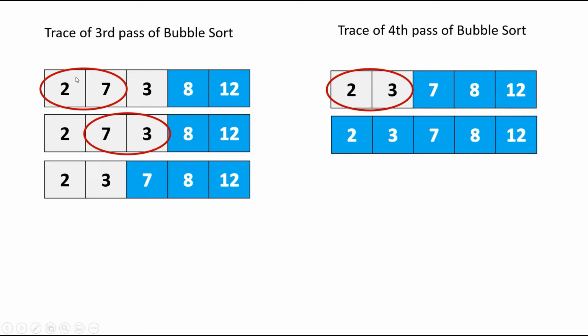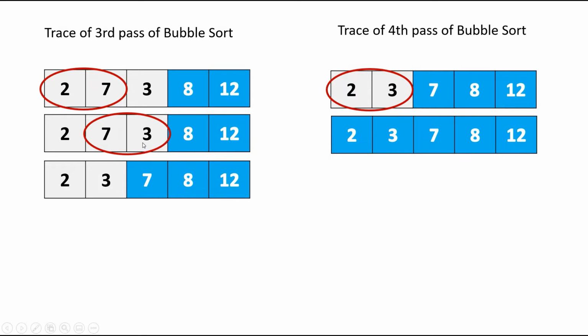Right. In the third pass, we compare the first two elements. This is okay. This is in ascending order. 2 is less than 7. So it comes as it is. Right? Then we compare the next two. Okay. In here, the next two were 7 and 3. And 7 is larger than 3.